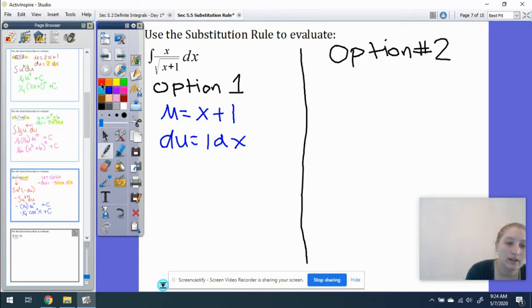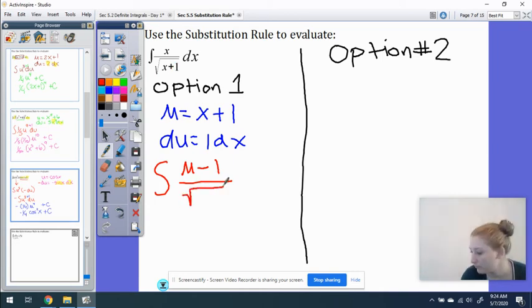So I can say that my numerator is equal to u minus 1. And again, I'm getting that because I have an x here. I can subtract the 1 over there, all right? All over the square root of u. Du.